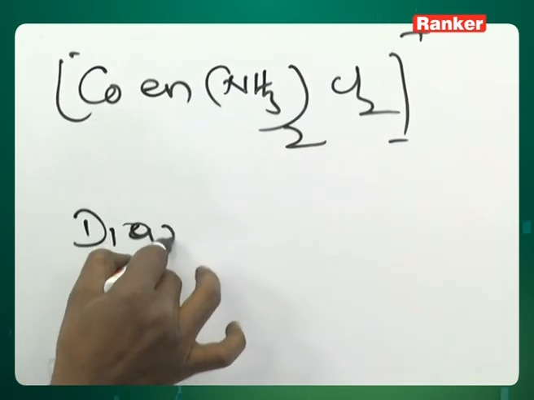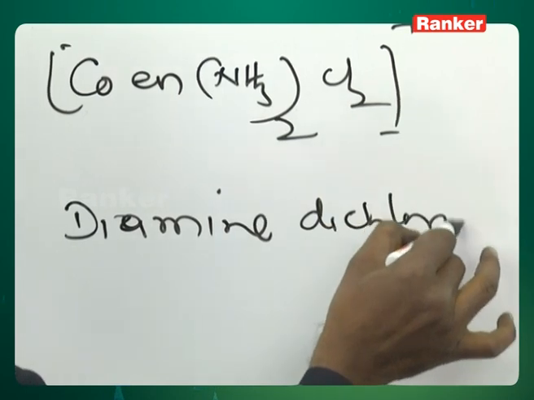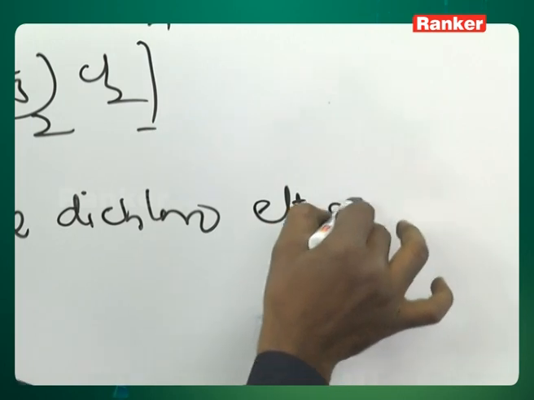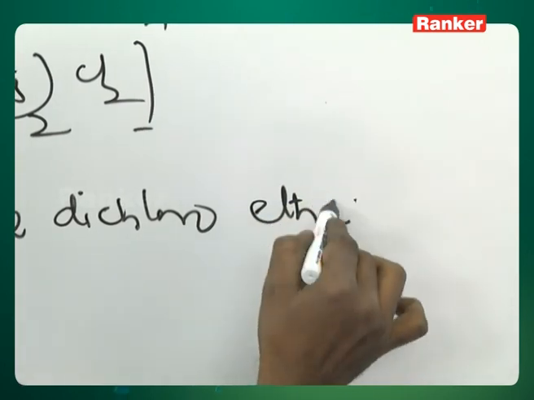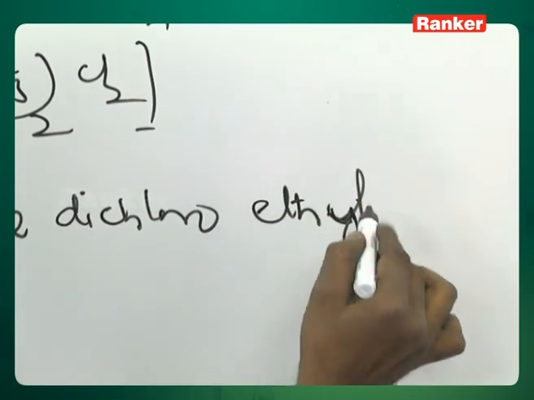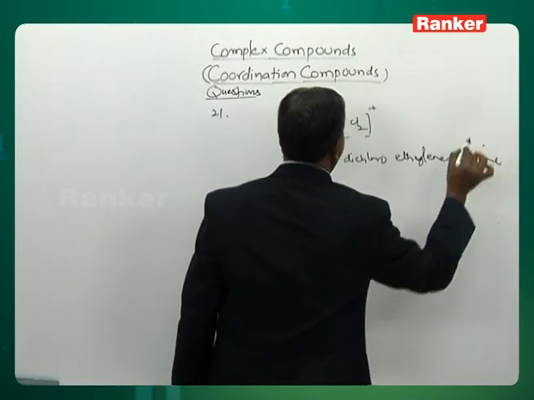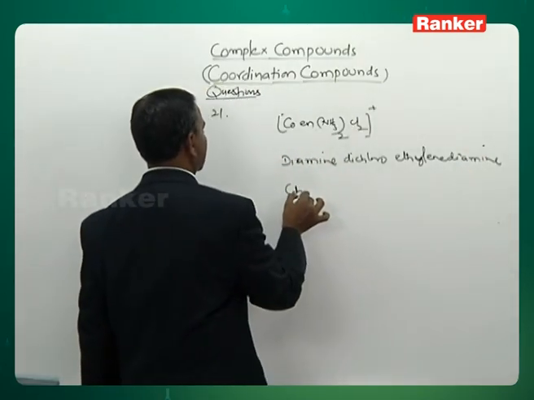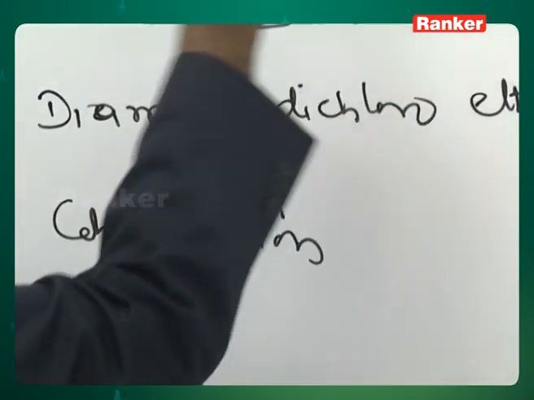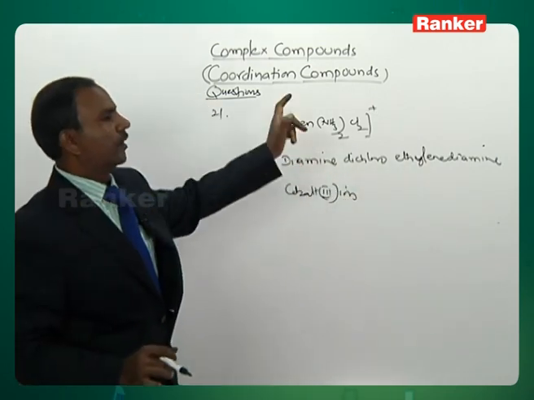Diamine, dichloro, ethylenediamine, cobalt 3 ion, since there is a charge. Diamine, dichloro, ethylenediamine, cobalt 3 ion. This is the name of the complex.